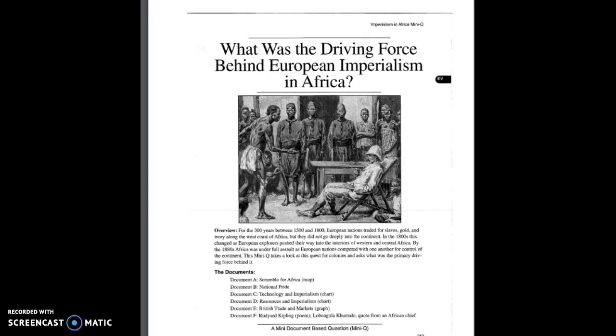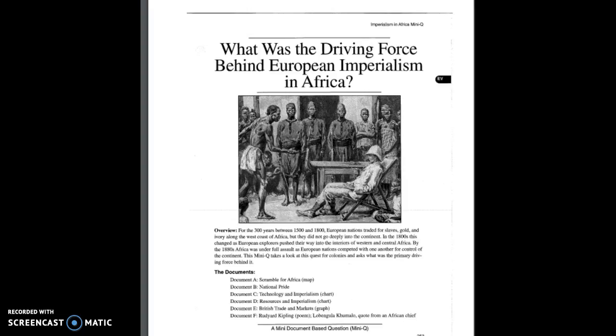Now, right after that, you of course want to go into your body paragraphs, which is going to include your topic sentence. Topic sentence is the first sentence in your body paragraphs. So an example of that would be, one of the driving forces behind European imperialism in Africa was political. Okay, then again, we're going to add our evidence and our argument. Now, when I say evidence, we're talking about the information from the documents that backs up the topic sentence.